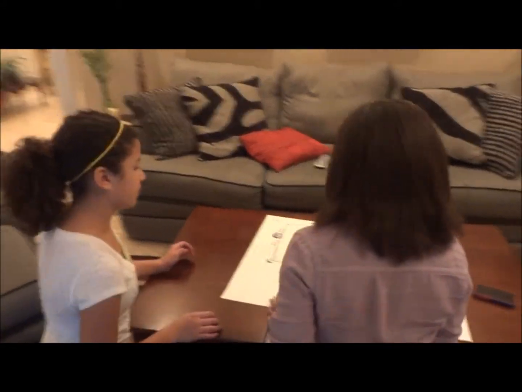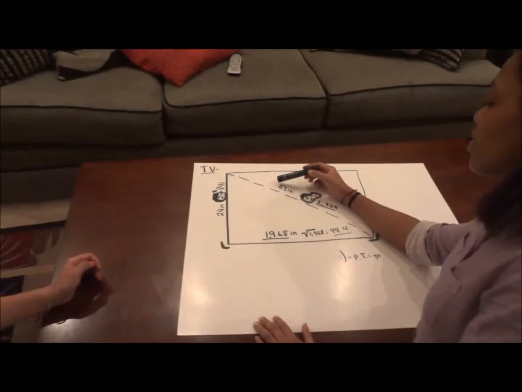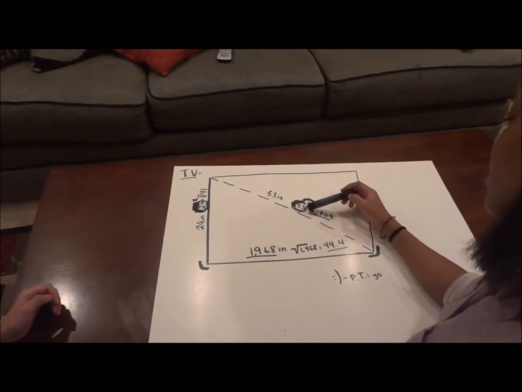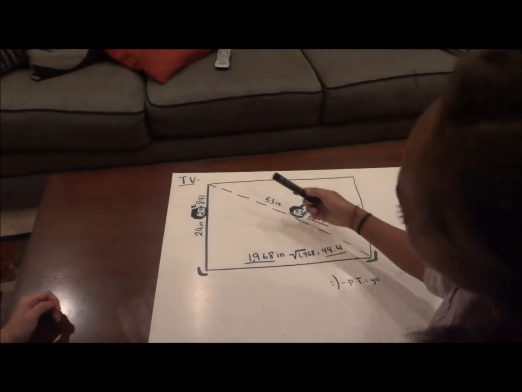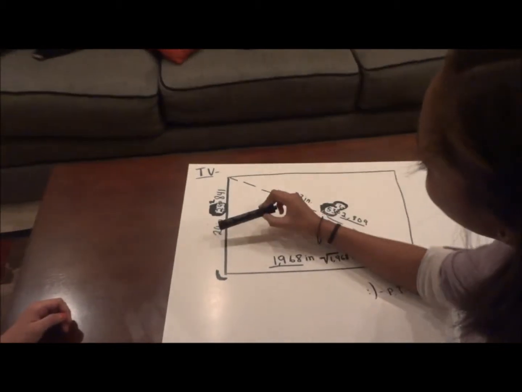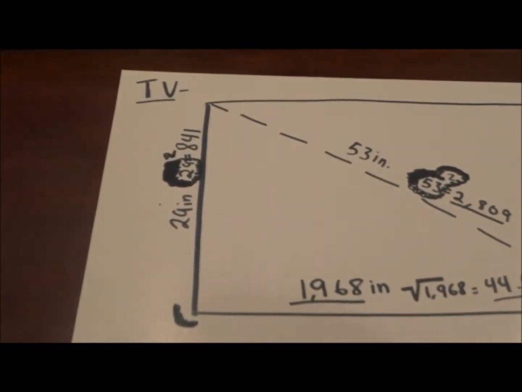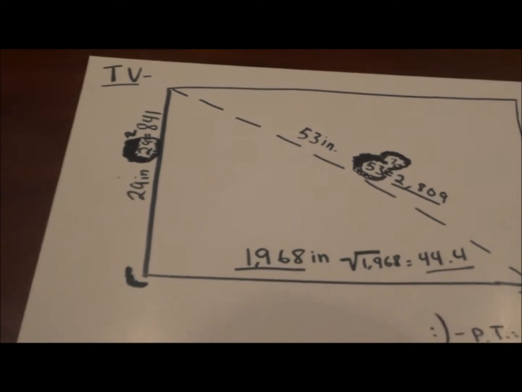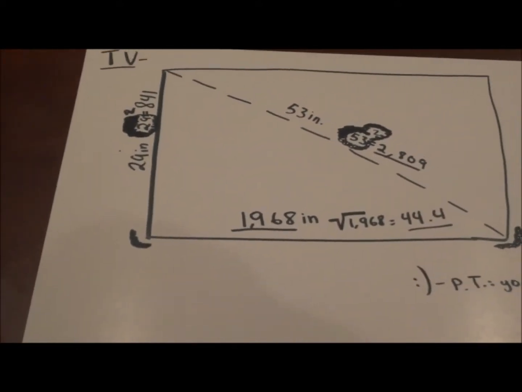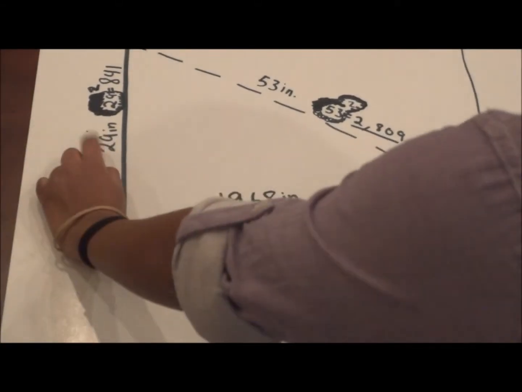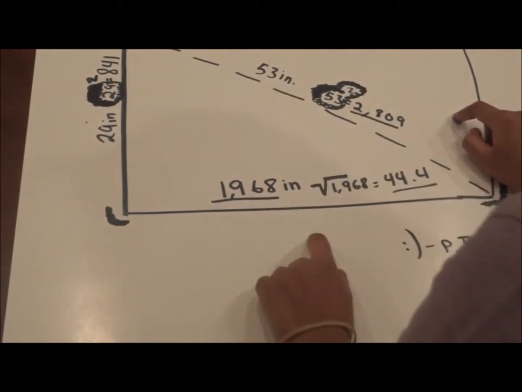So, we know that it's 53 inches diagonally, and 53 squared equals 2,809. And we know that up and down is 29 inches, and 29 inches squared is 841. And since we know with the Pythagorean theorem that a squared plus b squared equals c squared, we just have to subtract a squared from c squared to get b squared.